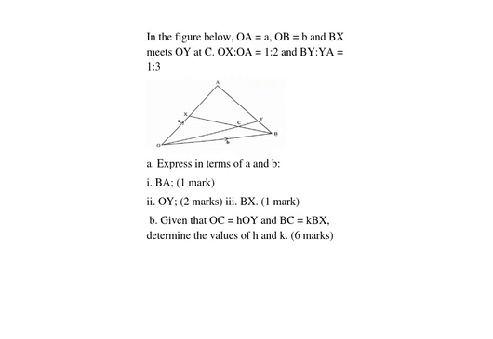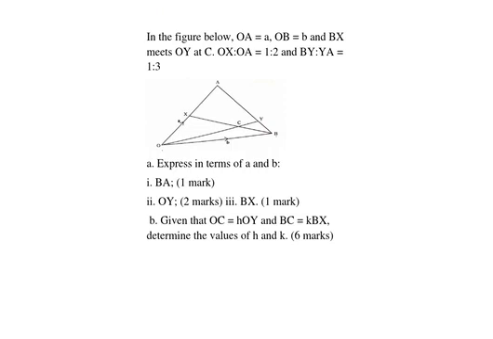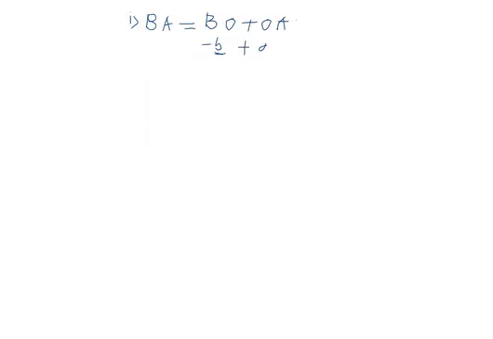So we are moving from B to A, and the route we are going to use is B to O plus O to A. So B to O, we have negative vector B because you are moving against the arrow, plus OA is vector A, and this can be written as vector A minus vector B.